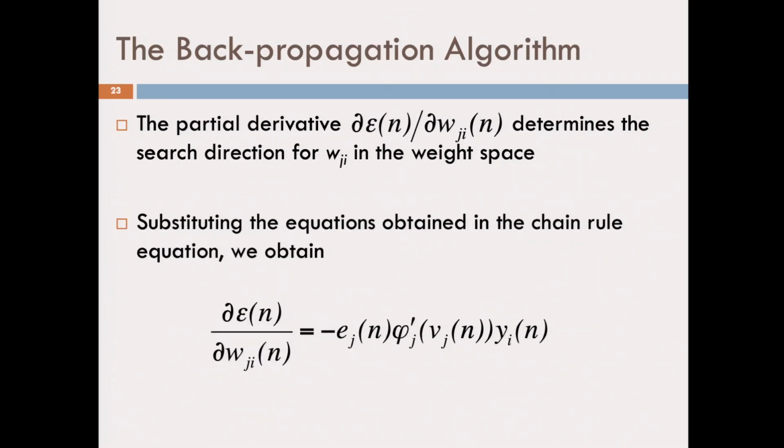Now let's put all these things together. The derivative of the error with respect to a weight is minus the error, multiplied by the derivative of the activation function, multiplied by the signal going into the neuron associated with this weight W_JY. So W_JY is a weight connecting two neurons, J and Y. Is it okay up to now?